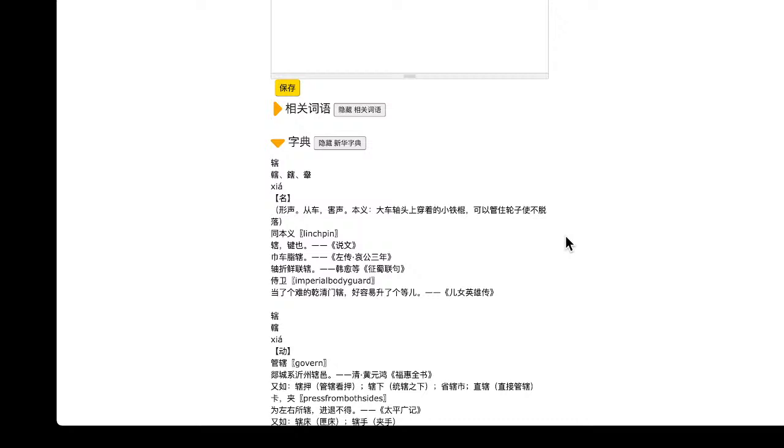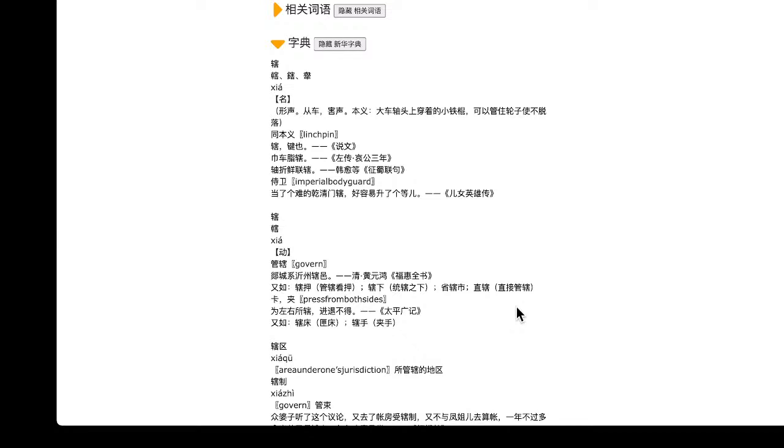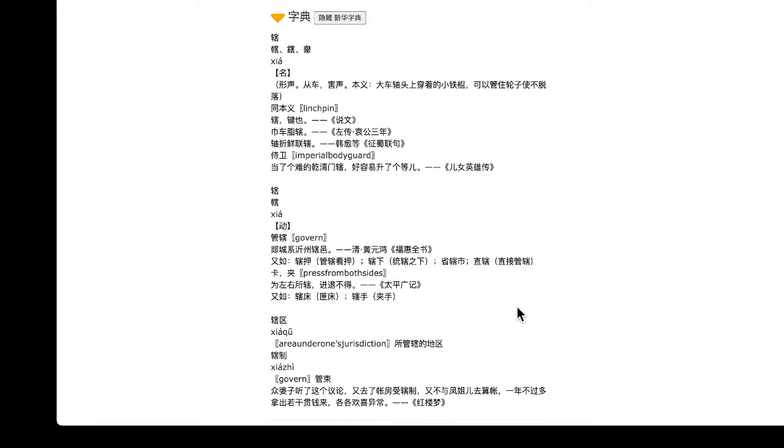Without it, the wheel is going to come off. So that little stick is called a xia. So originally it's for that thing. Because this piece controls the wheel, secures the wheel, they took that meaning to refer to control, to govern, that kind of meaning.